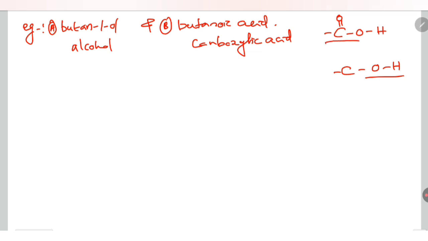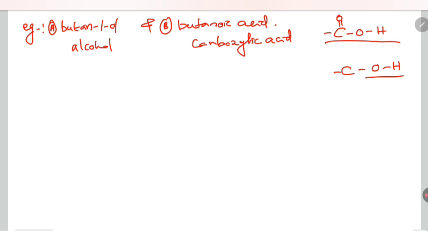But when you look at carboxylic acid, okay, if it is difficult to understand, look at how many oxygens are there. That means 2 oxygens are there. That means they can form 2 intermolecular forces, 2 hydrogen bondings. There are 2 points where they can create hydrogen bonding. So that is the difference.